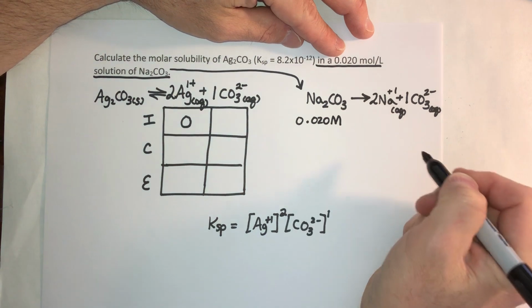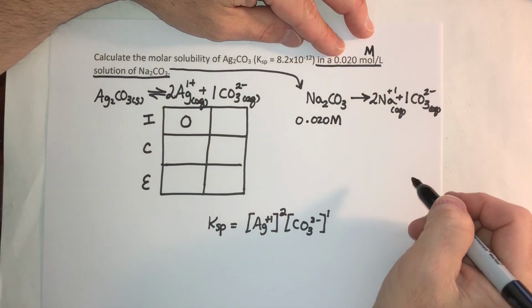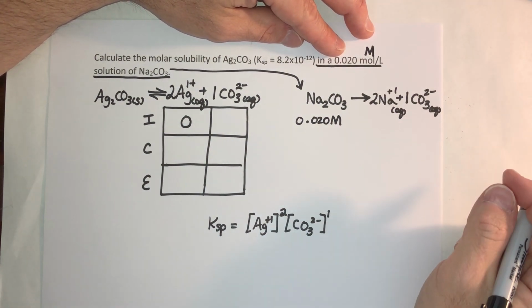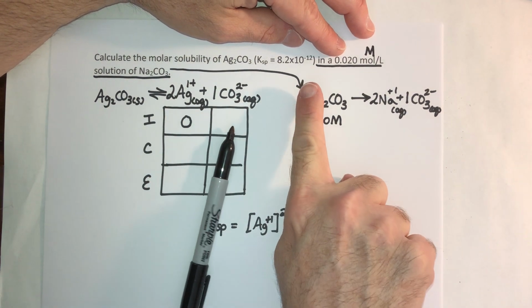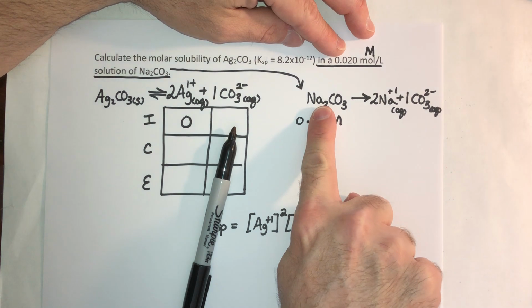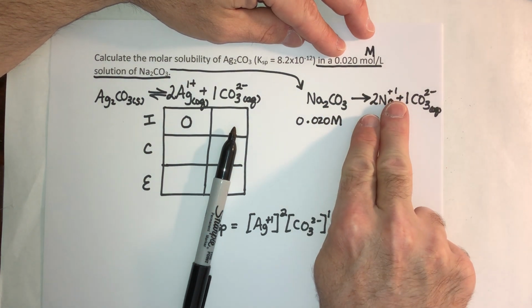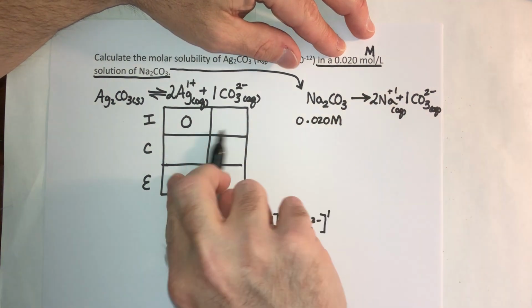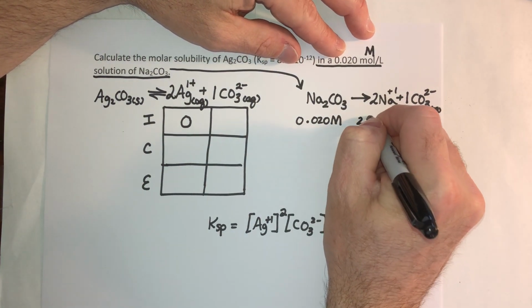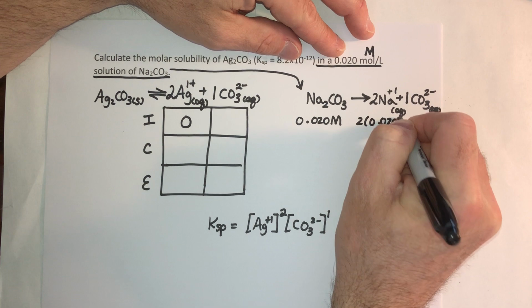0.020 molar. Let's use the capital M rather than the moles per liter because I don't have a lot of space. So when this thing breaks up, for every 1 sodium carbonate, I get 2 sodiums. I get twice as much, right? For every one of these, I get 2 sodiums. So here, I'm going to get 2 times 0.020.